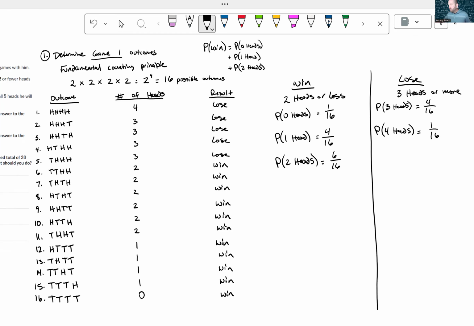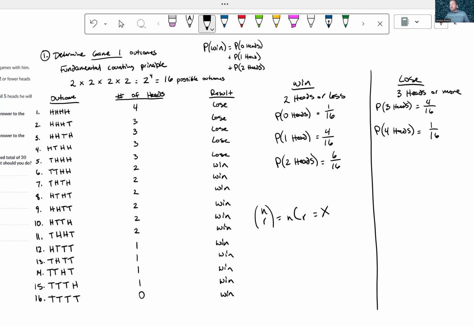Okay, now we're going to do some quick review with combinations. So with combinations, we can write n choose r, which is written like that. And we can write this as n choose r is equal to x, where x is the different ways to get r heads in n flips.